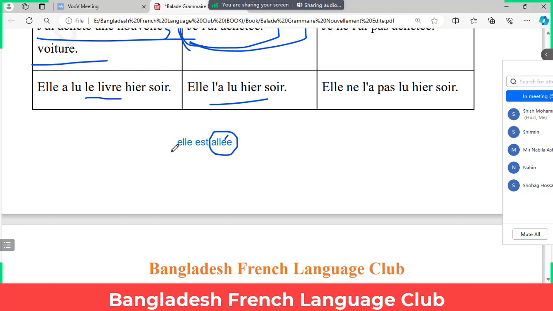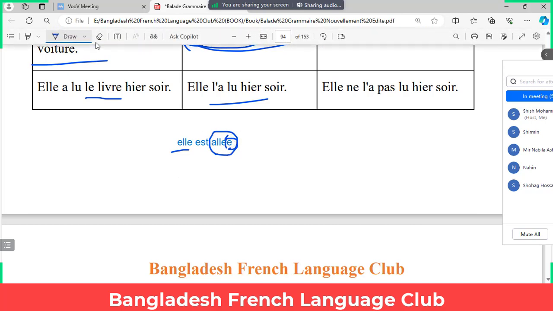So in this sentence, elle is feminine singular. That is why this extra e is added with the verb. That means it is agreeing with the subject. So this is one thing for the movement verbs.